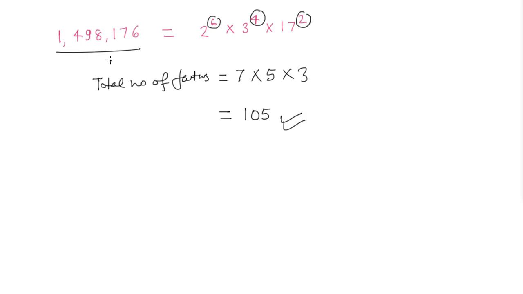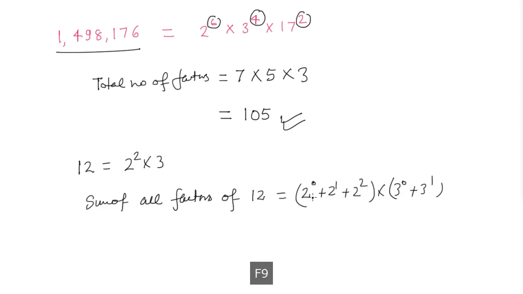We have already seen that the prime factorization of 12 can be written as 2 squared times 3. Also we have seen that the sum of all factors of 12 can be written as the product of 2 to the 0th plus 2 to the 1st plus 2 to the 2nd, and 3 to the 0th plus 3 to the 1st.